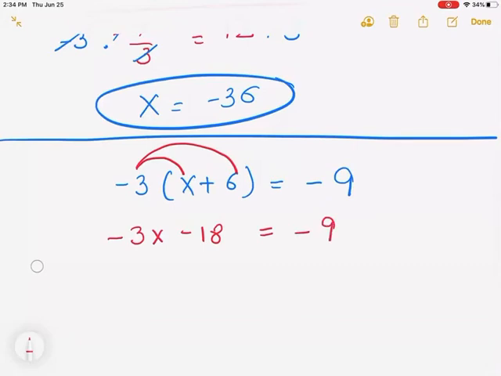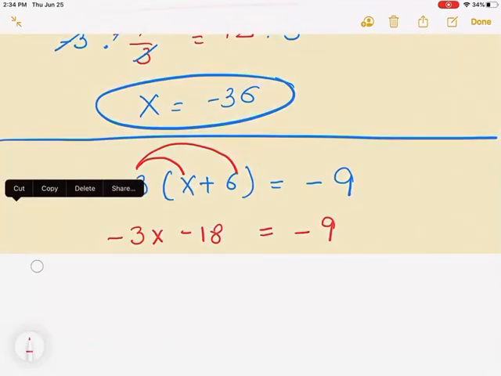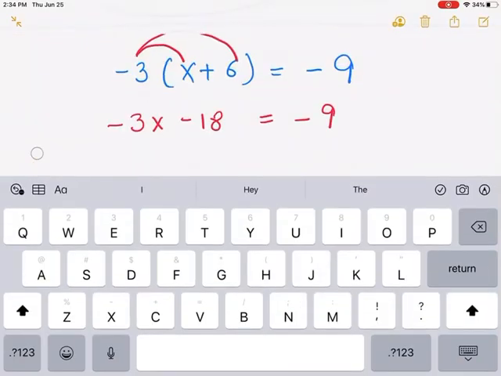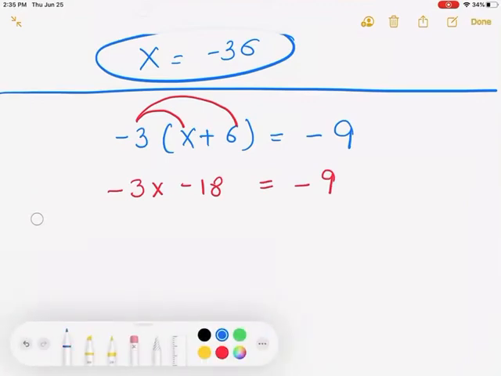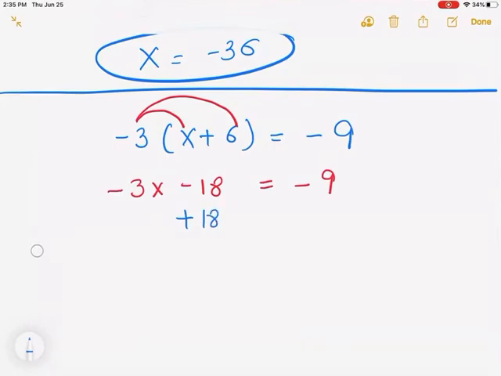Okay, now after distributing, we can combine like terms, but I don't see any like terms, so I'm just going to do additive inverse right away. Negative 18, I would add 18 to both sides. These two are going to get canceled out.